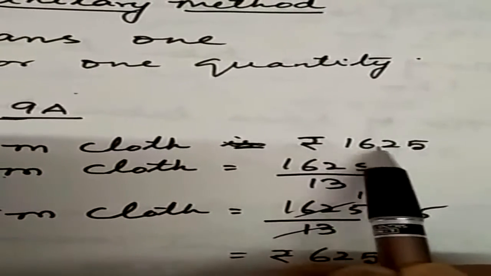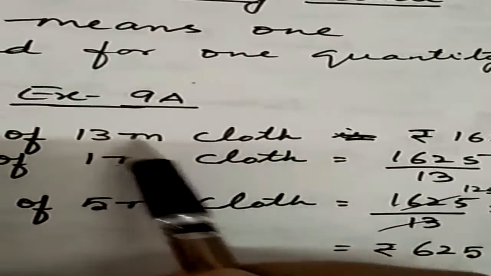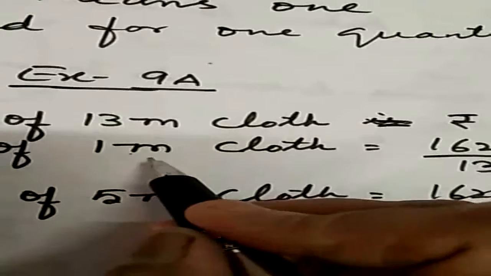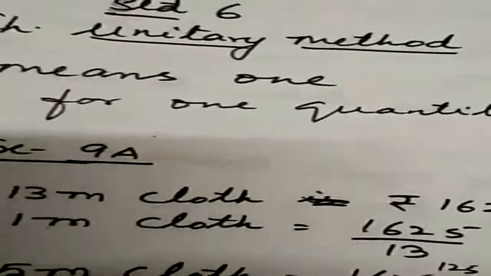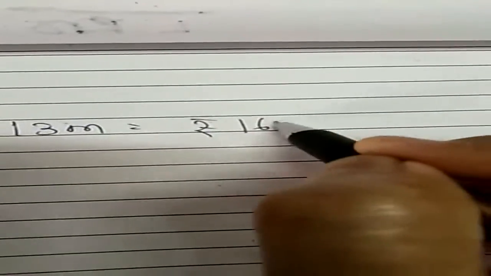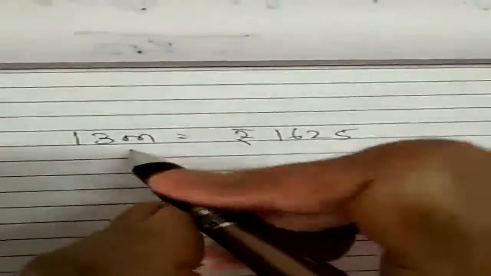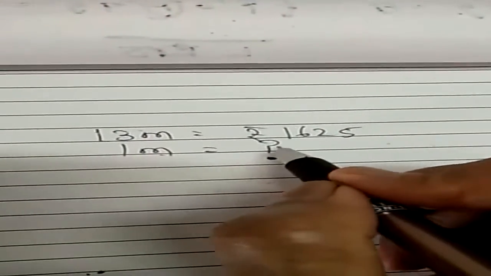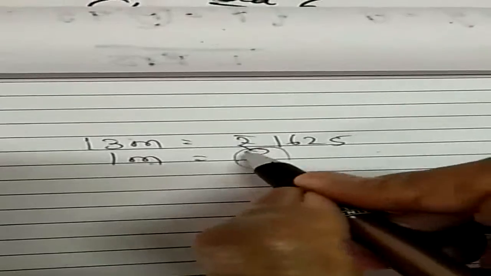So what you have to copy down is what is written after the equal to, that first, divided by 13. Here 13 meter is costing rupees 1625, so 1 meter will be costing how much? 1 meter will be costing less. Less means you have to divide.